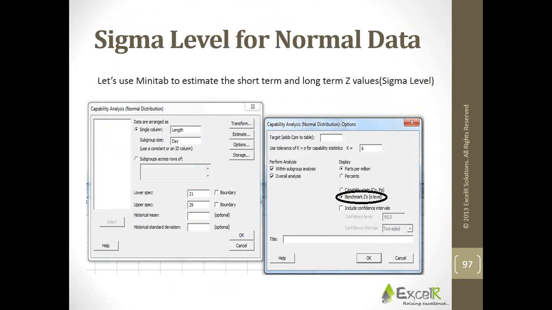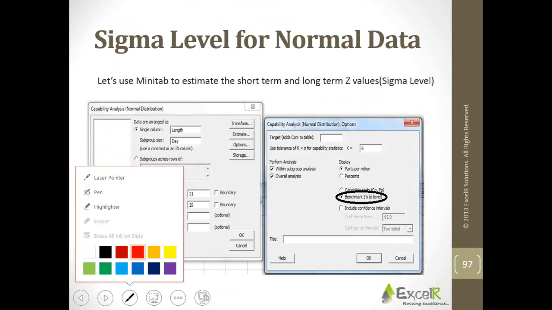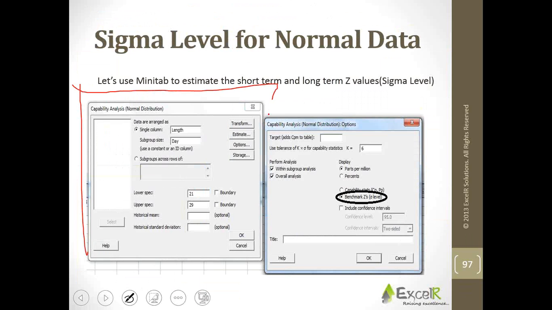So once you do that, you get this particular box. Once you get this box, you click on options. Once you click on options, you just select this. Not just capability, I want to come up with the sigma level, Z value.